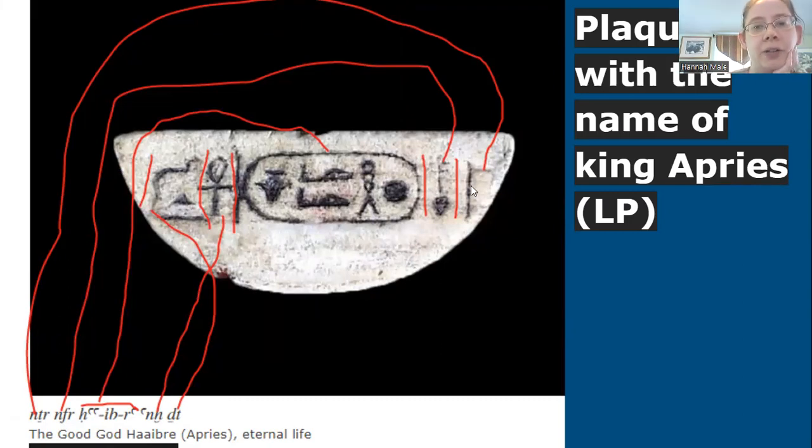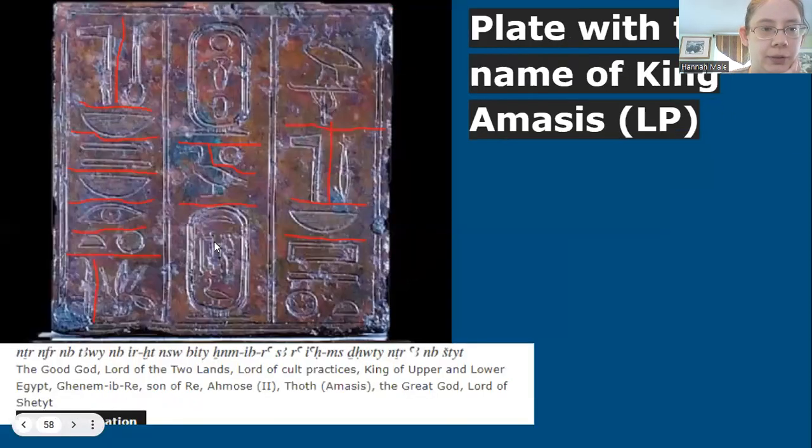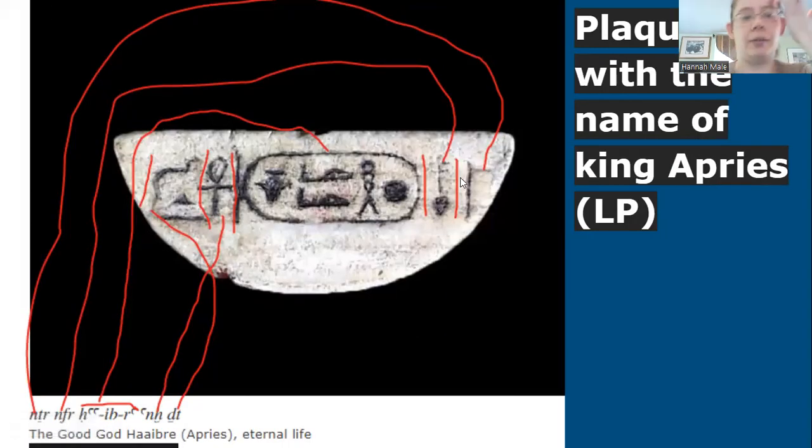So that tells you, okay, I start here, and I end here. So first you have the good God phrase that we saw in the last object. So this here. And it's those same set of hieroglyphs here. So that NTR Nefer.